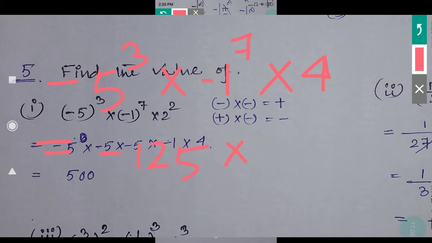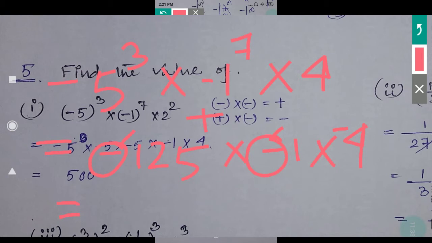Minus 1 power 7 means minus 1 only, and 4. So this minus becomes plus, plus into minus, this one and this one become plus. After that, here nothing is there means plus is there, so with this plus and plus, what will you get? Plus only. Ultimately we have got plus.